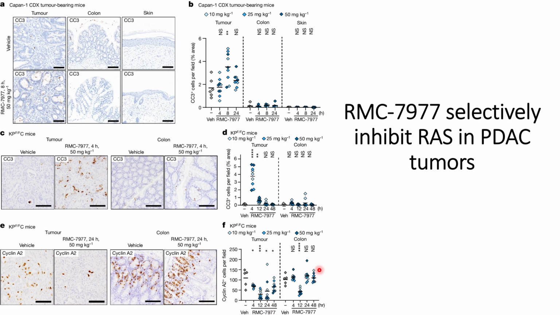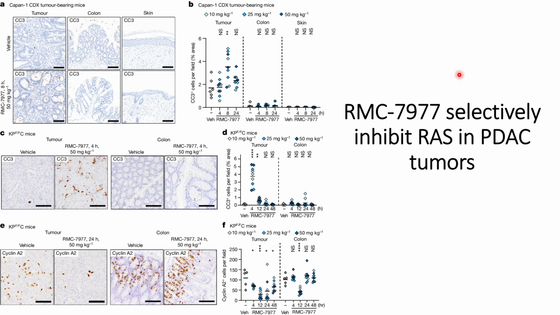So recovery in the colon tissues is quite a bit faster compared to the tumors, indicating that RMC-7977 has more selectivity towards the tumor tissues than the normal tissues.